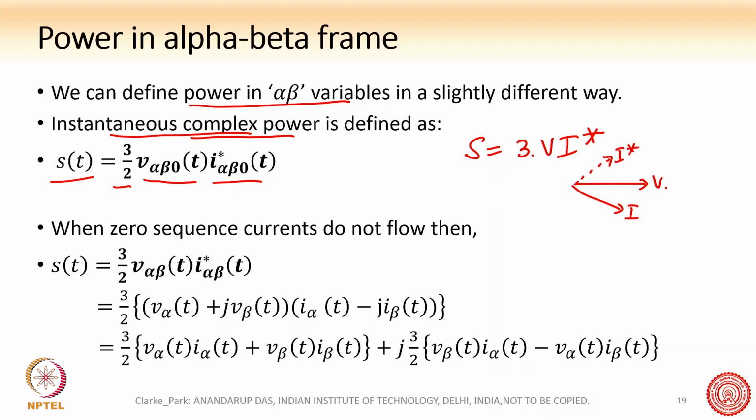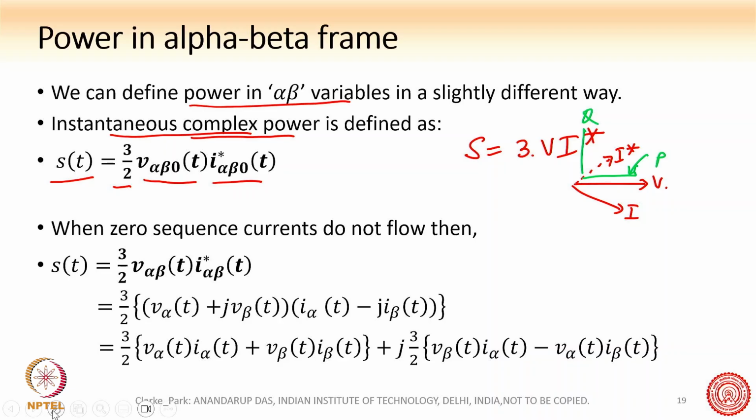And when you have I star like this, we assume that for an inductive load, this is the P and this is Q. For an inductive load, P and Q are positive, and that is why we have defined it as 3 VI star. If you do this, then both P and Q will come out to be positive, right?